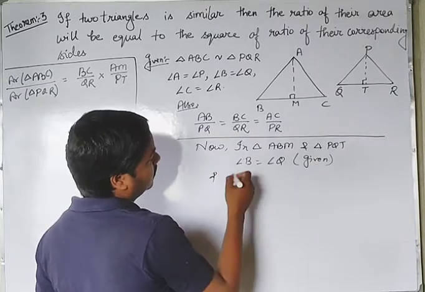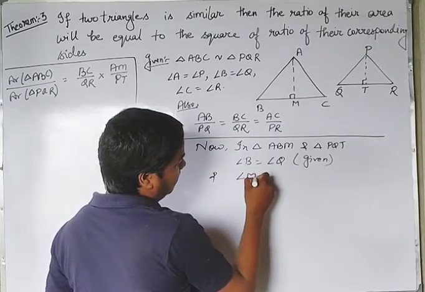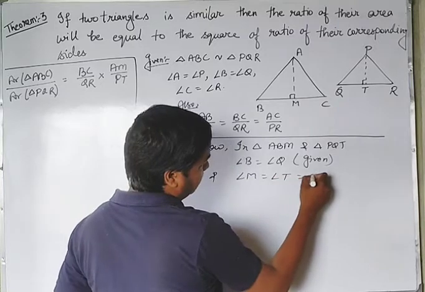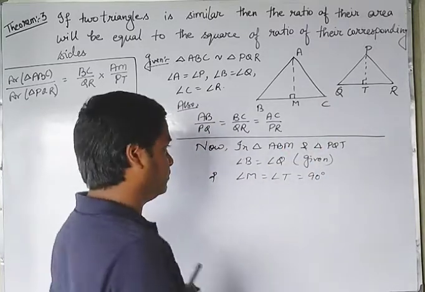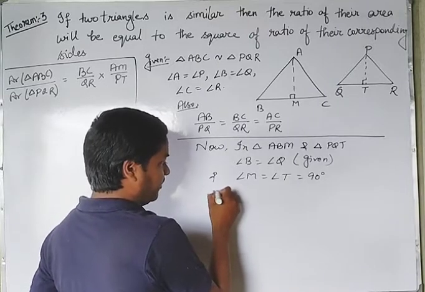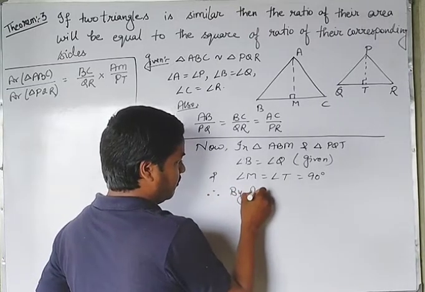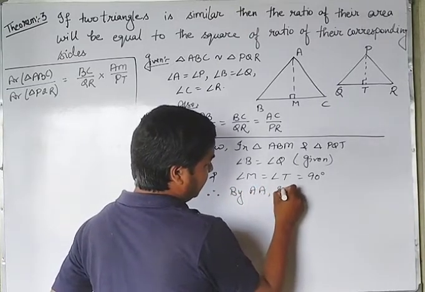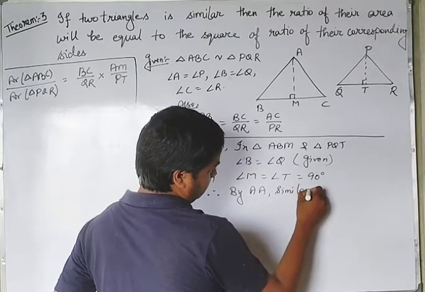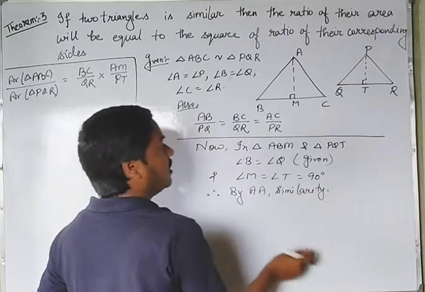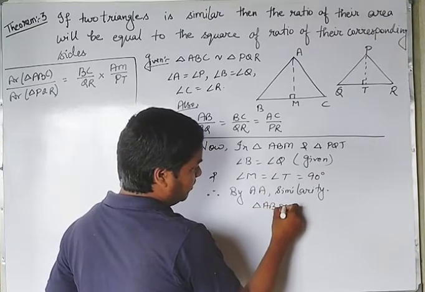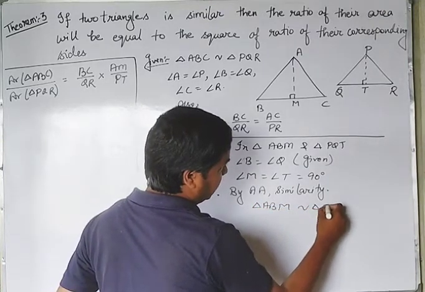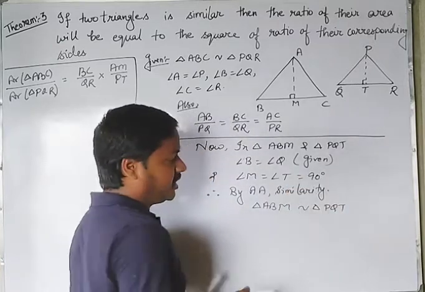And also angle M is equal to angle T. By construction, it is perpendicular, that means 90 degrees. Therefore, by angle similarity, both triangles are similar. Triangle ABM is similar to triangle PQT.